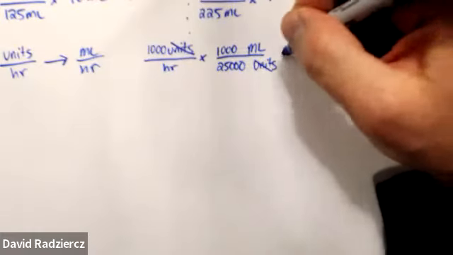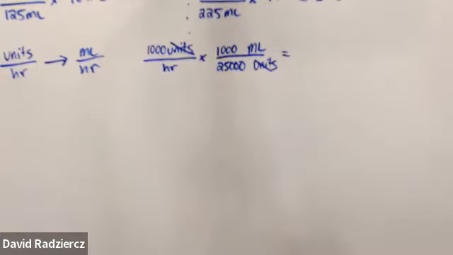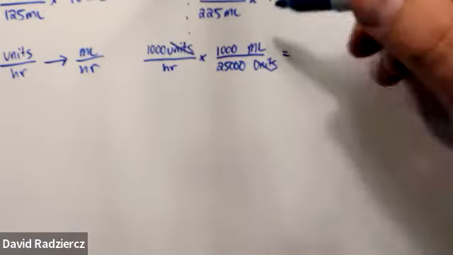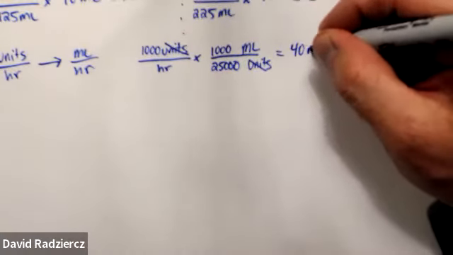I'm going to cancel out units, and I'm going to be left with what I'm looking for, which is milliliters per hour. And then I'm going to take the 1,000 times 1,000 and then divide it by 25,000. And I'm going to get 40 milliliters per hour.